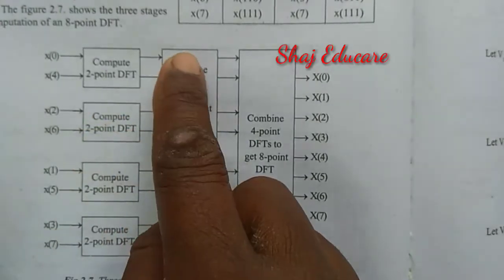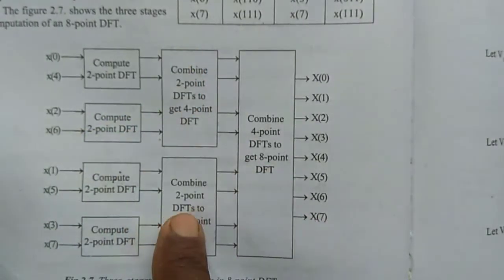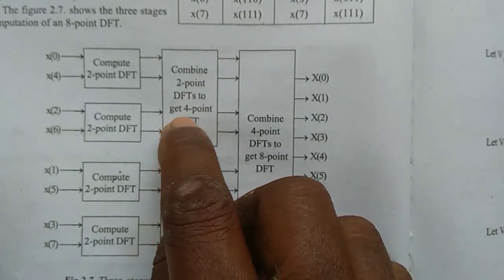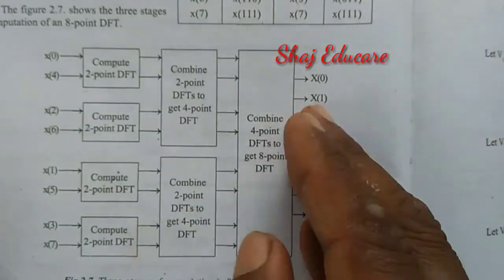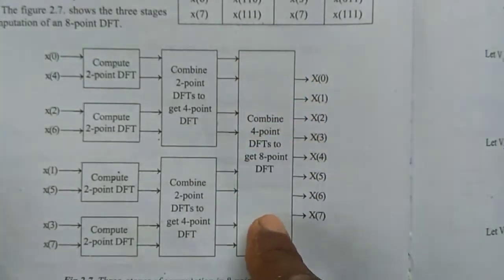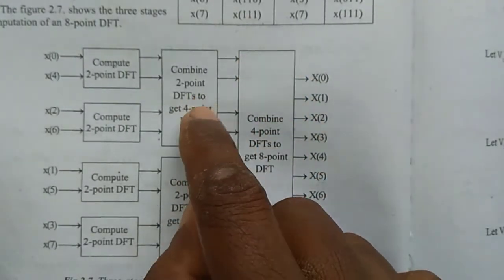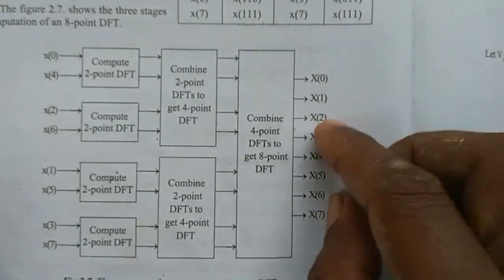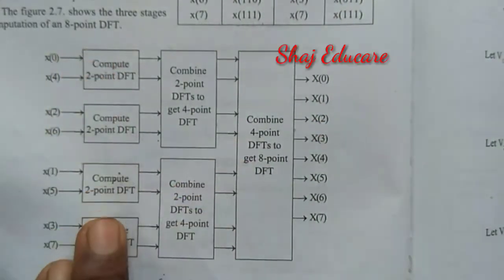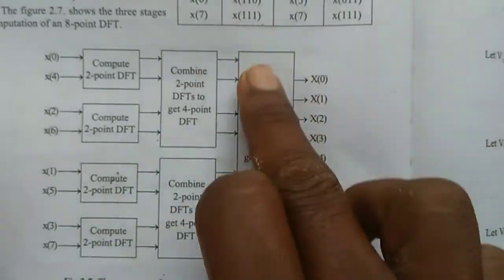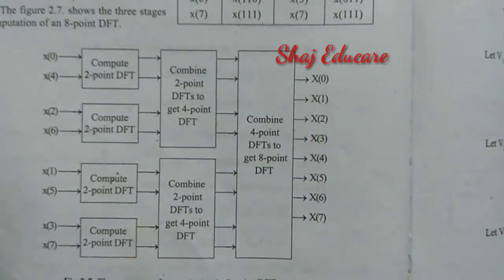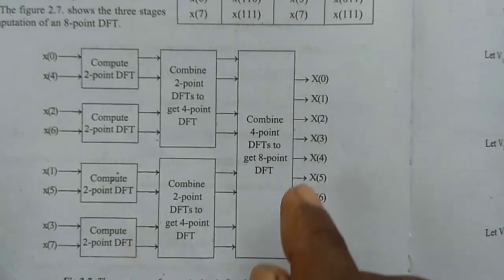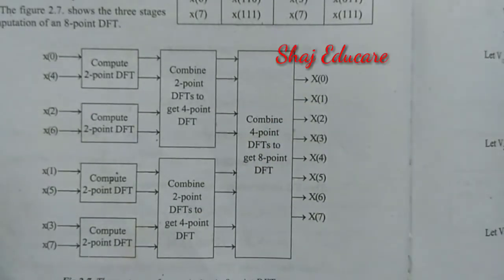This is our second computational stage, in which we are finding 4-point DFTs, and finally in the third stage we are combining these 4-point DFTs to obtain this 8-point DFT. This one is the first stage, second stage, and final third stage. A total of 3 stages are required for computation of the 8-point DFT.